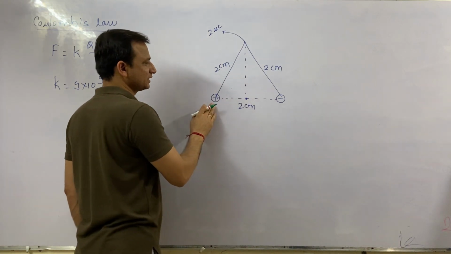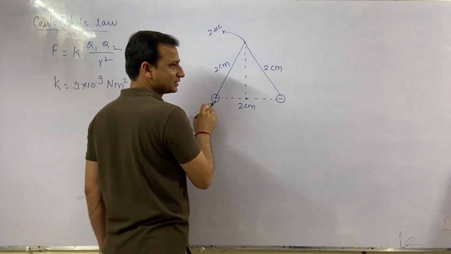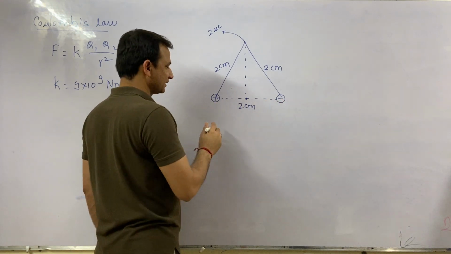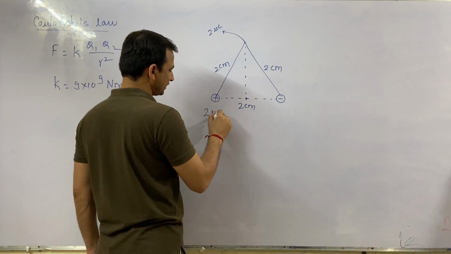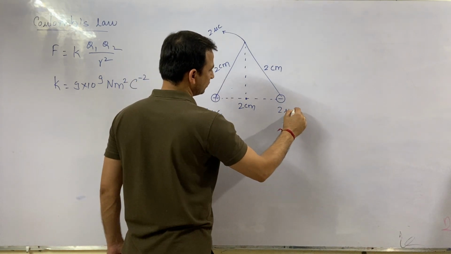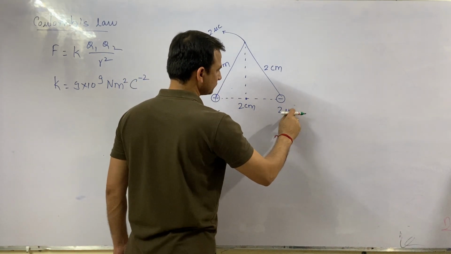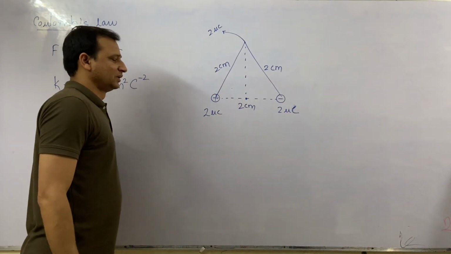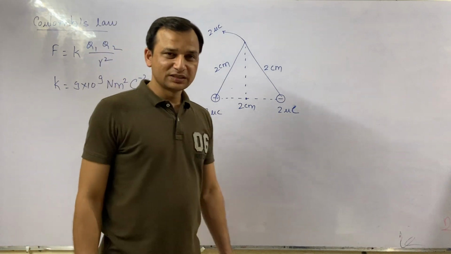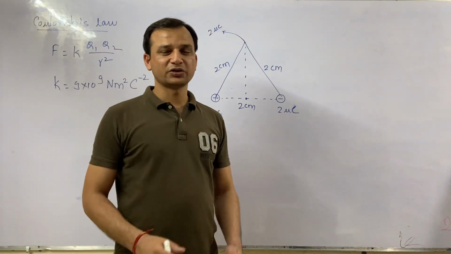These two charges, plus and minus, also have a magnitude of 2 microcoulomb each. So the first question is, what would be the direction of force?